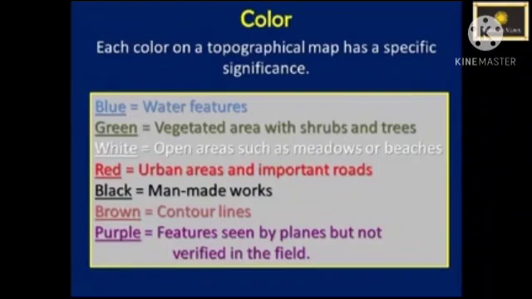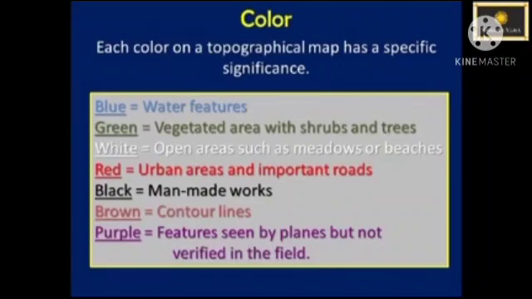Red to show settlements, roads, tracks and arbitrary grid system. Yellow to show cultivated areas. Brown to show sand dunes and sand hills.